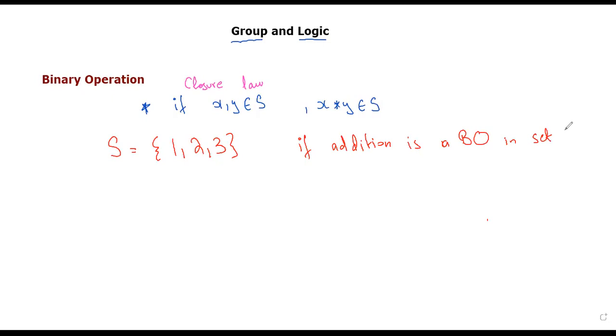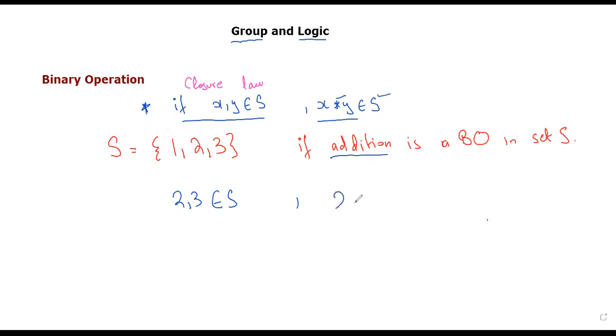Again, what do I do? If x, y belong to S, so let's take 2 and 3. If 2 and 3 belong to S, what do we need? x star y belonging to S. What is star? Star is the binary operation, that is addition. We need to see if addition satisfies this or not.